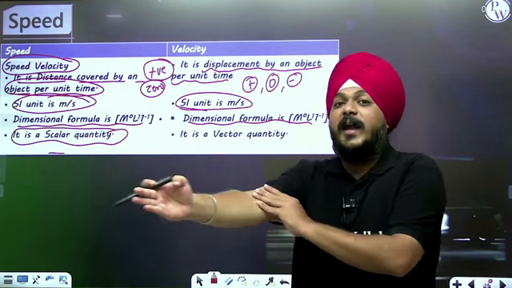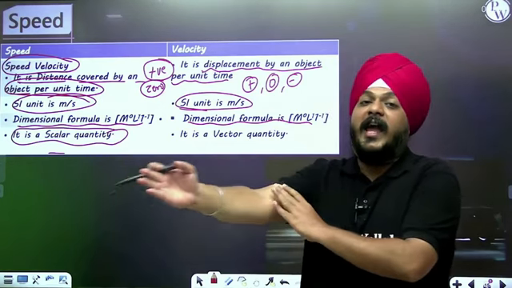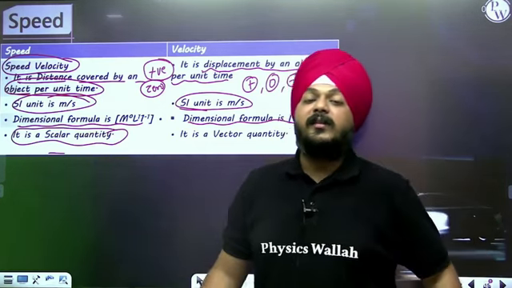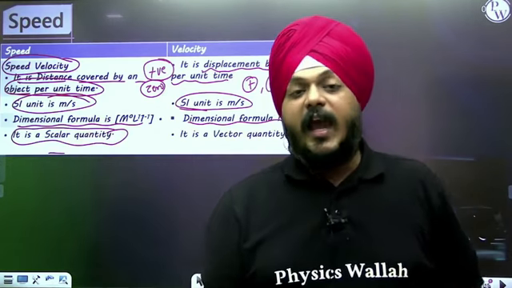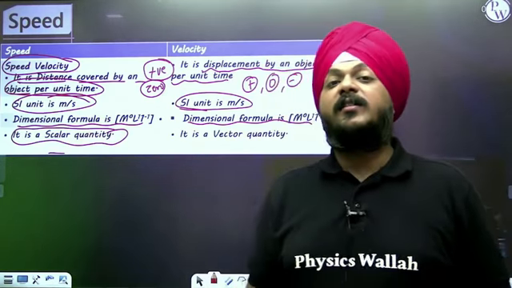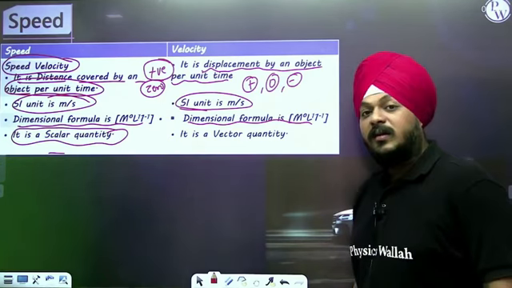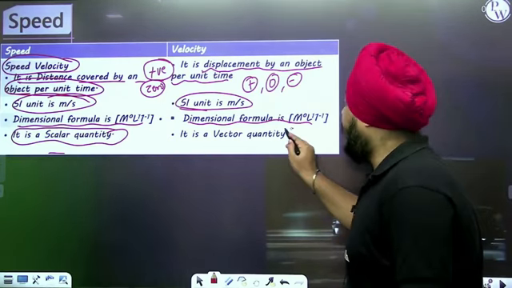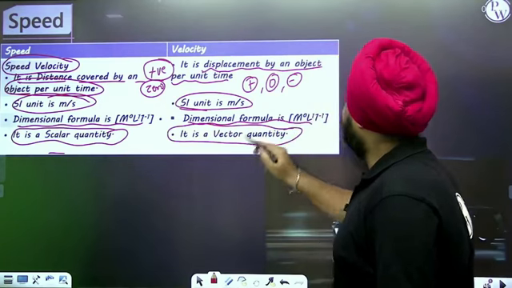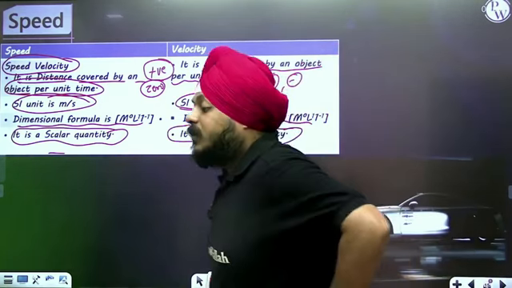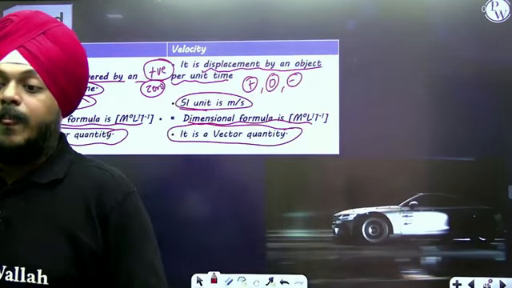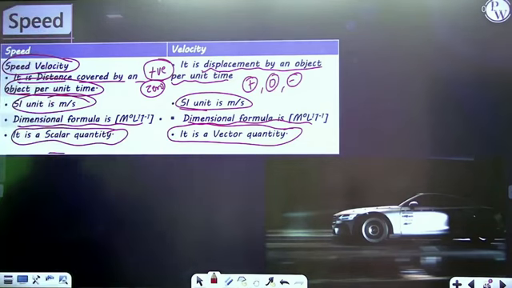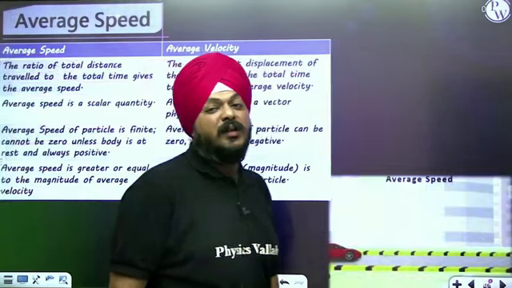This shortest distance can be directed in any way in the entire 3-dimensional space. So for that reason, it is a vector quantity. So using these 3 to 4 terms, we can easily define them.